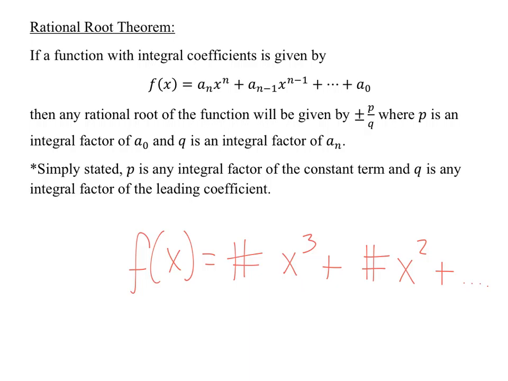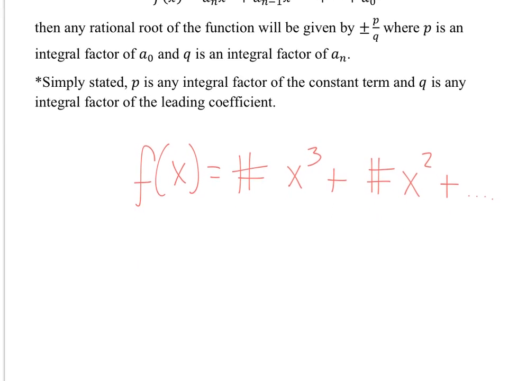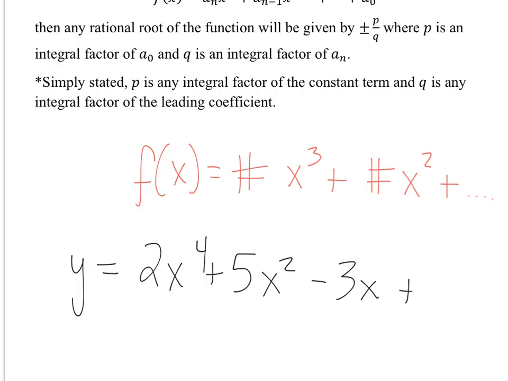A constant. So the factors of the constant a0 divided by the factors of the leading coefficient an, whatever this number is. So for example, if we had y equals 2x to the fourth plus 5x squared minus 3x plus 10.